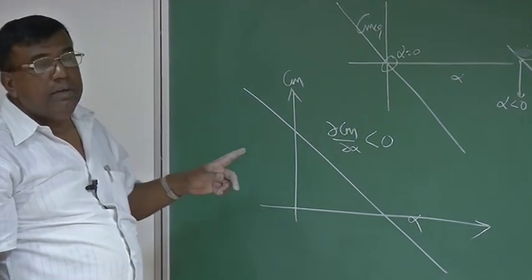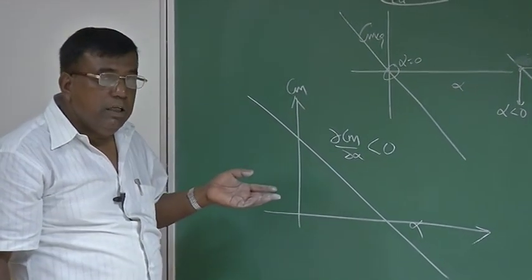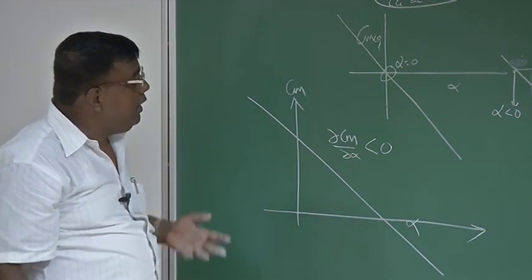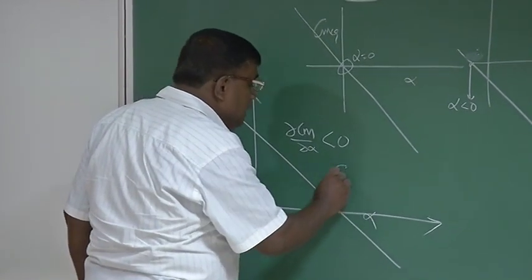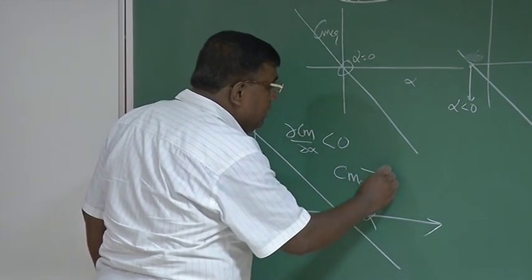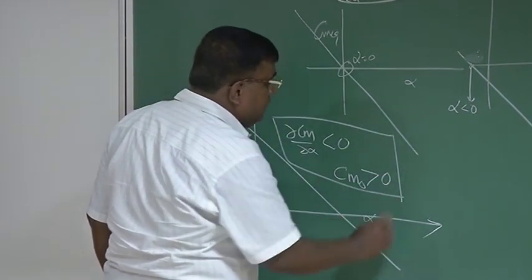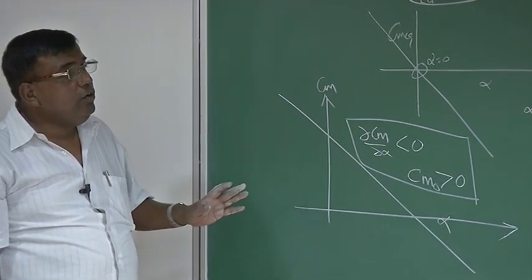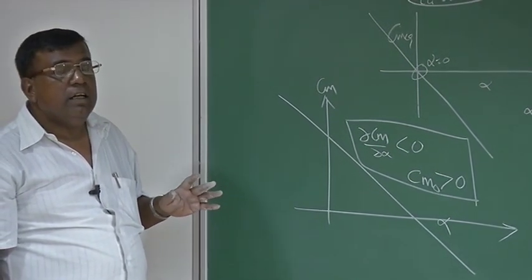If it is negative, then it is statically stable. But if you want to trim it at positive angle of attack, then Cm naught should be greater than 0. This is the understanding. Cm naught is Cm at alpha equal to 0. This should be very, very clear in our mind.